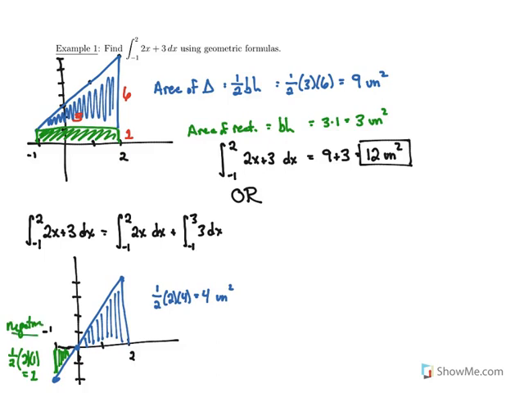So the area total is going to be 4 minus 1, which would be 3 units squared. And that's going to be all plus the integral of 3.